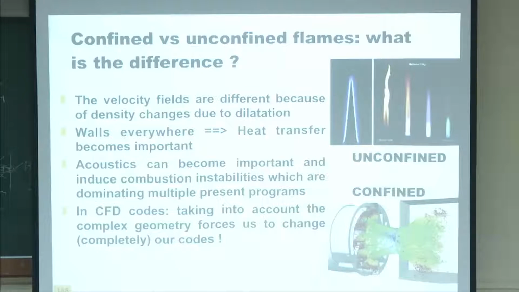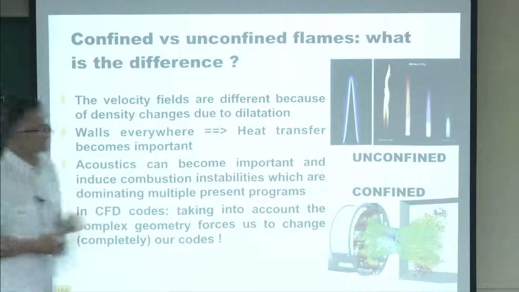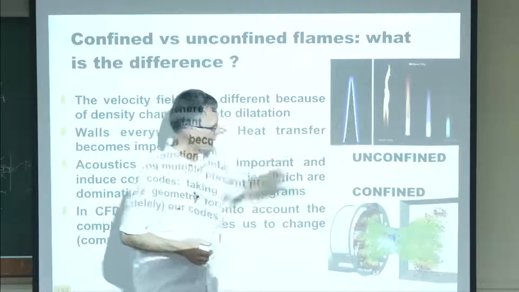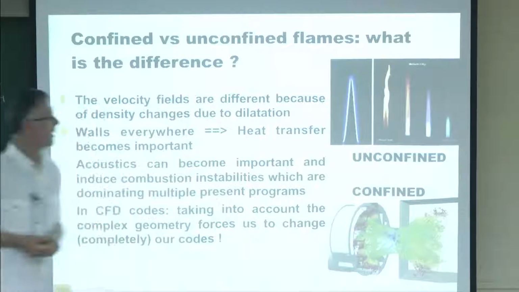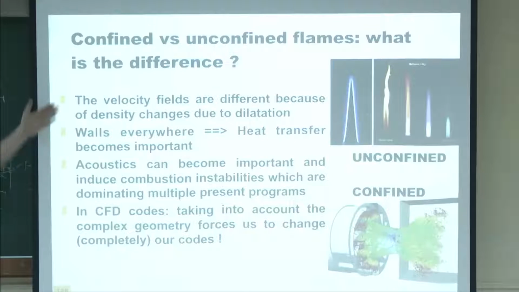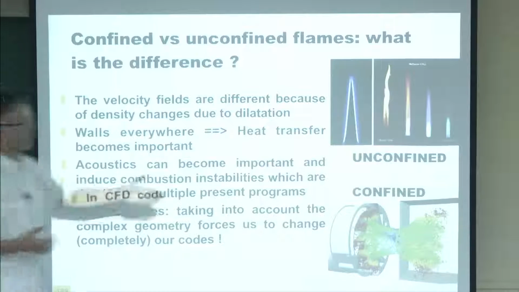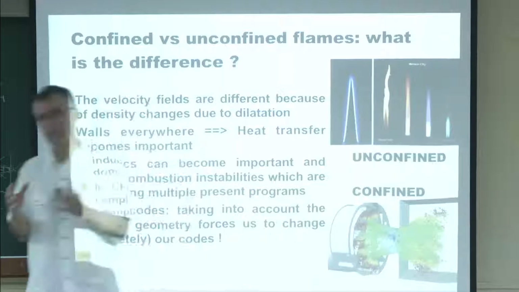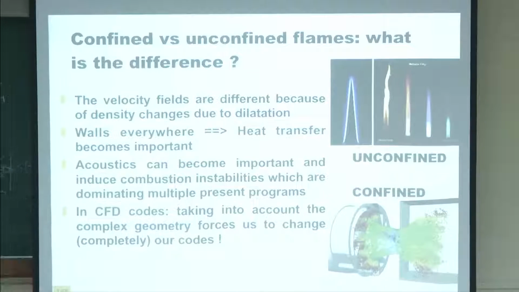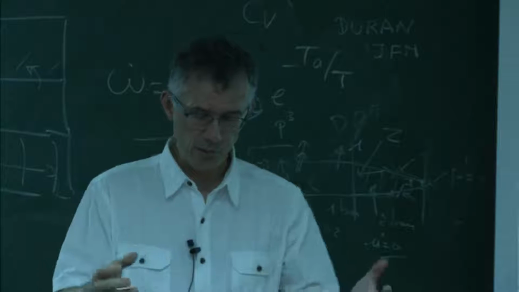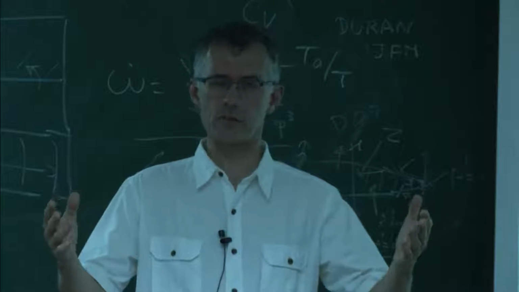There are very important differences between these unconfined flames, like this one, and this type of flames here. One of them is that the velocity fields will be different, and as soon as you talk about a confined flame, you're going to have to talk about walls. We'll talk about walls later this week, but if the flame is unconfined, there is no wall interaction with the flame.